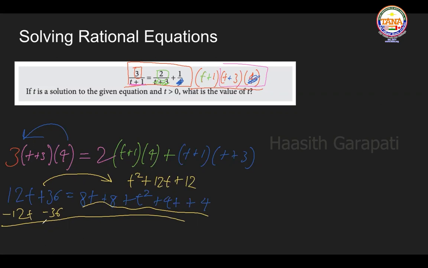And if you notice here, this 12 will cancel out with this 12. And we're subtracting from 36, right? So we end up with 0 is equal to t squared minus, oh wait, I hope I didn't make a mistake. Seems a little bit awkward. 2 times 4 times t plus 1, t plus 3. Hmm.